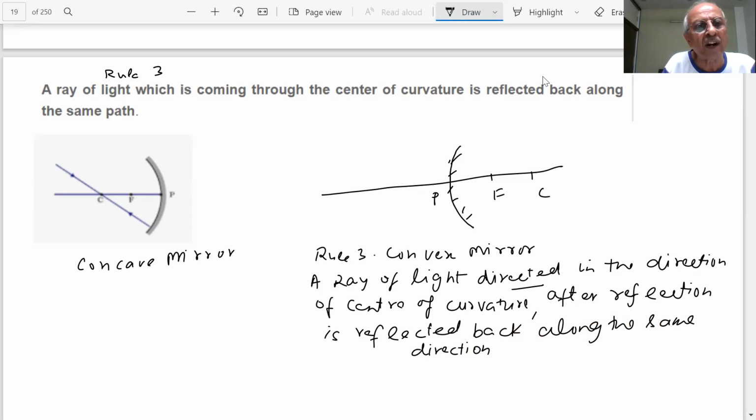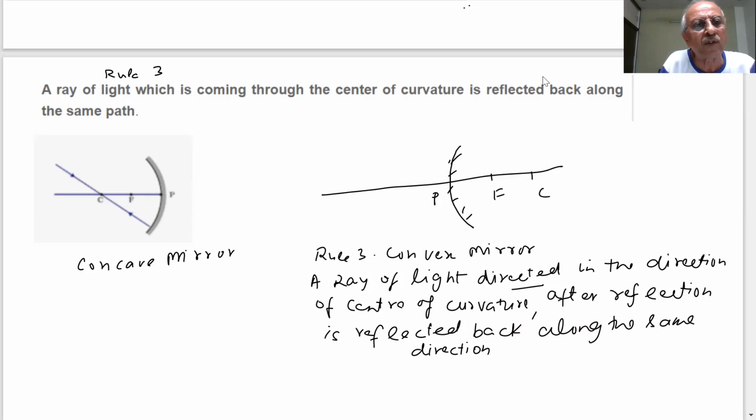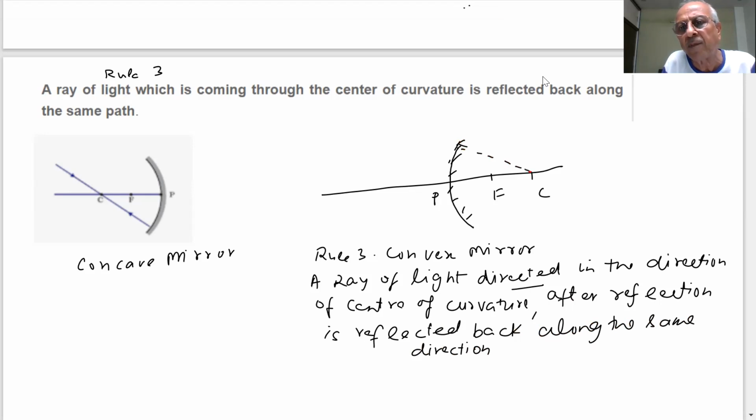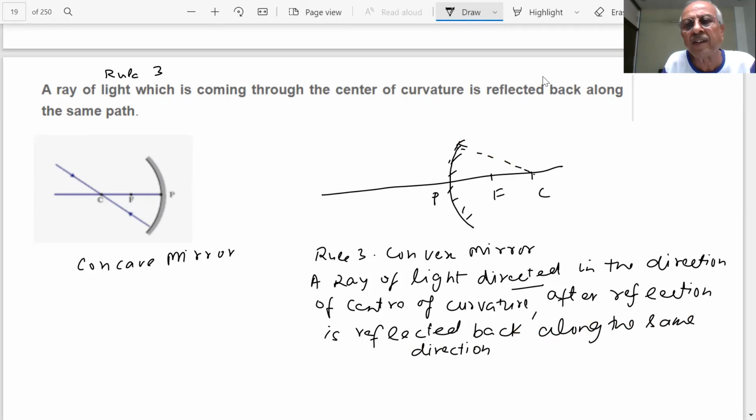Here the center of curvature is in front of the concave mirror, so the ray of light is coming. What is happening after reflection? It is going back along the same direction. Here I am saying if it is directed, because this is a convex mirror, so here I am drawing a dash line from this, the center of curvature.